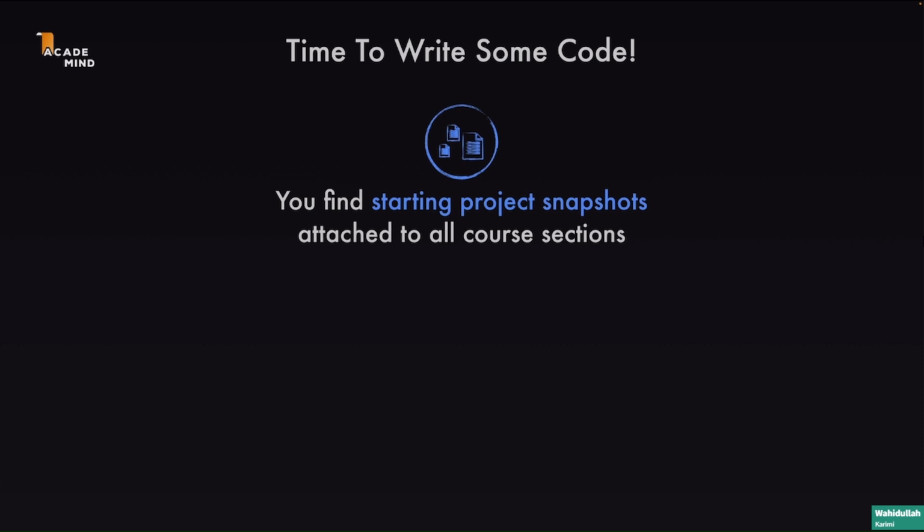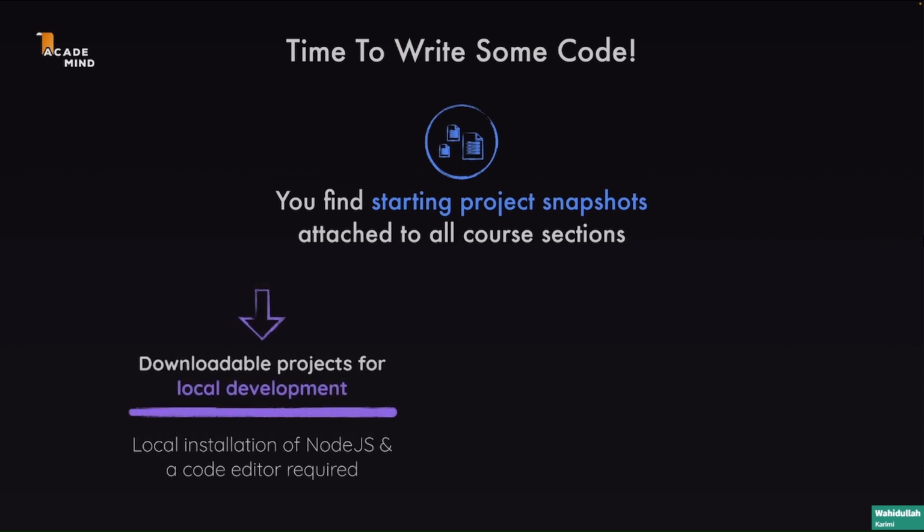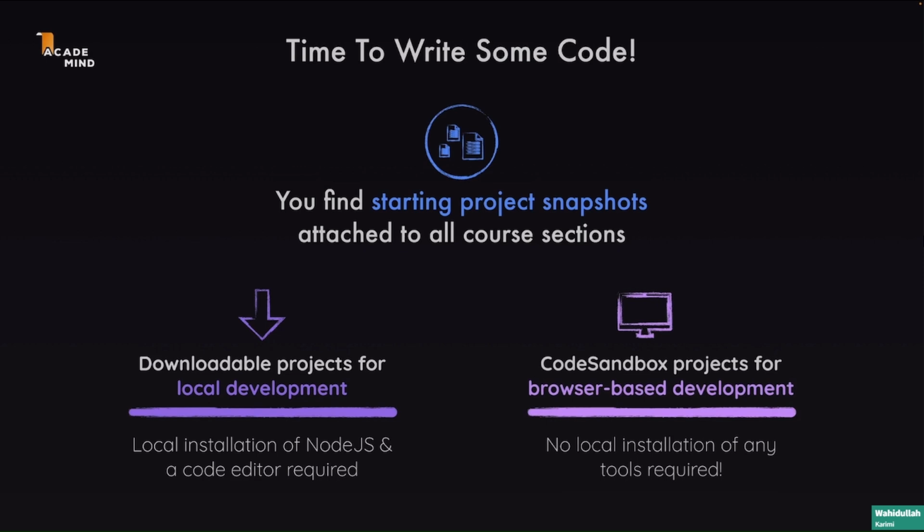And I will always provide two versions: a zip file, which you can download if you want to follow along locally, or a CodeSandbox snapshot if you want to follow along in the browser without installing anything on your system. So without installing Node and the TypeScript compiler or anything else.